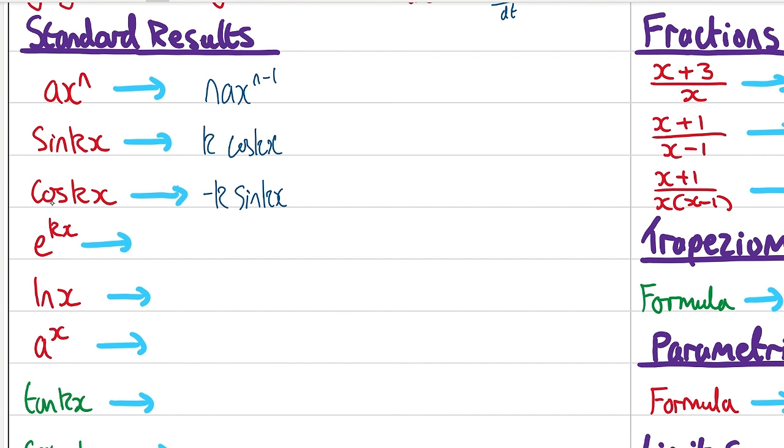The way I remember this is cos to sine, change the sign. If we're differentiating an e function, it stays the same, but the derivative of the input will come out, so it's k e to the kx. Ln of x differentiates to 1 over x, and a to the x, this is a standard result that you do need to know, is a to the x multiplied by ln a.